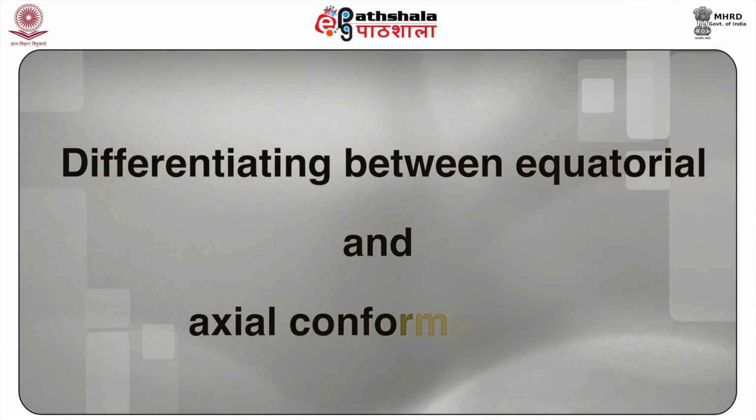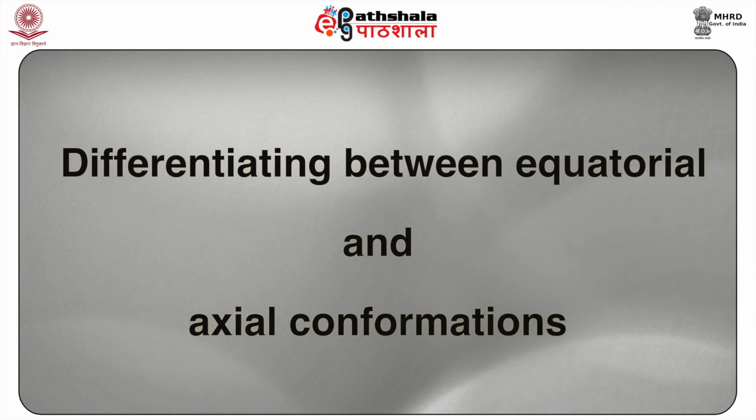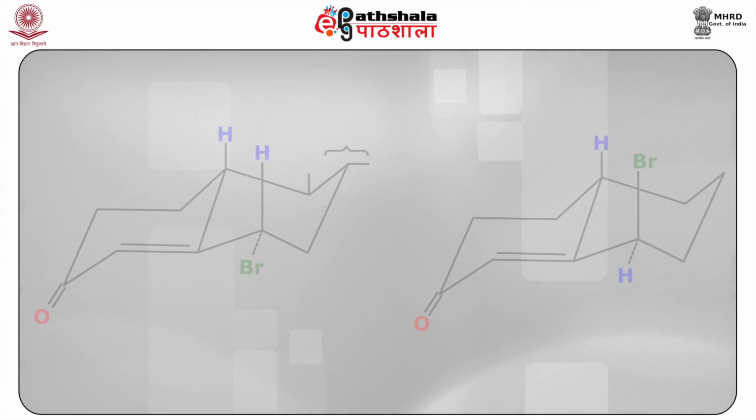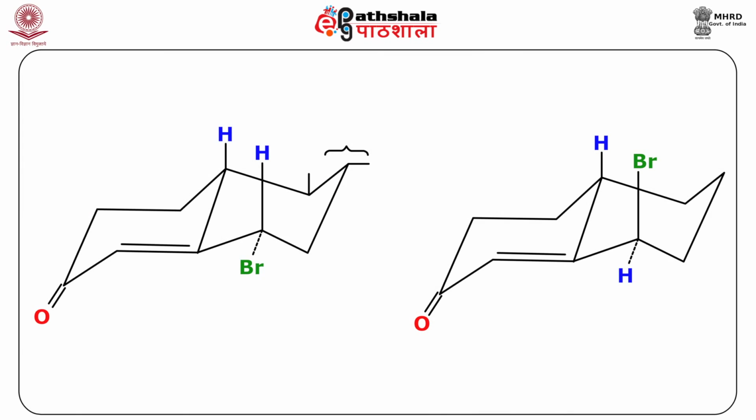Coming to the next use of UV visible spectroscopy: the differentiation between the equatorial and axial conformations of various structures. The n to pi star transition, which comprises the R band, appears at a longer wavelength in alpha beta unsaturated ketones and is strongly influenced by the presence of a polar group in the gamma position.